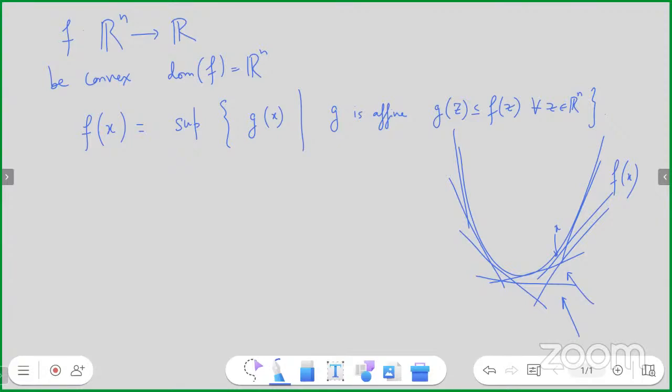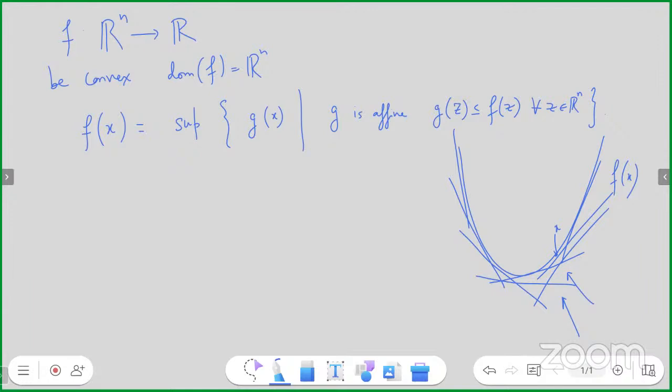Okay, so we want to prove the equality. Which direction is easy? We're going to show less than or equal to and then greater than or equal to. Just by the definition, one direction is easy. g of z by definition is below f of z.